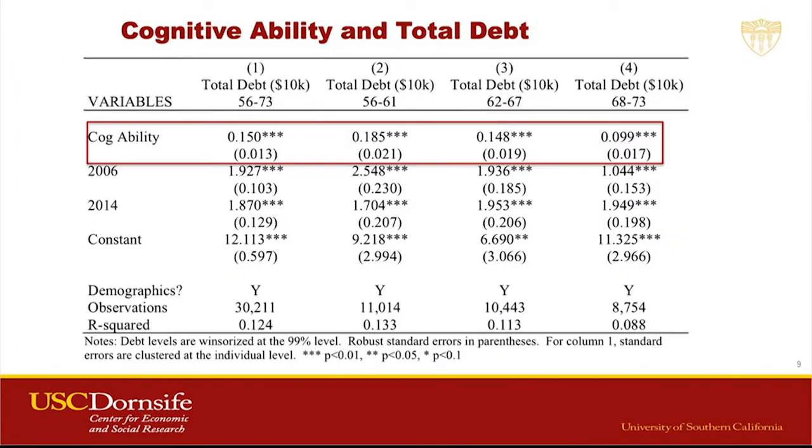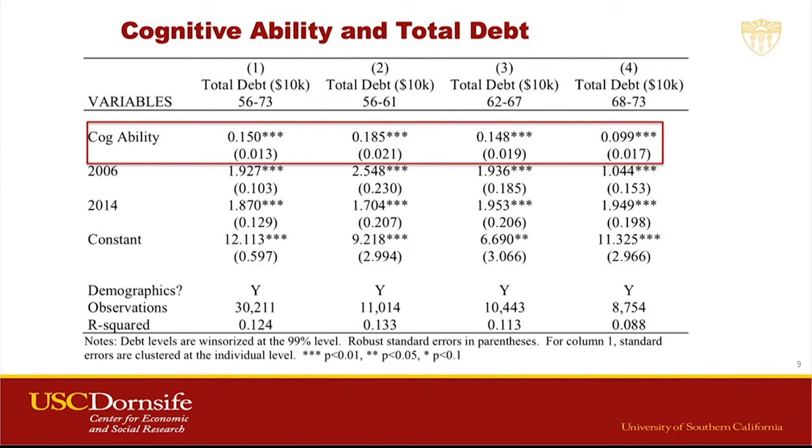We are interested in digging a bit deeper and seeing what role cognitive ability might have in explaining some of these increases in debt over time. Cognitive ability, as measured in the HRS, is on a 27-point scale that measures working and episodic memory, which we use in our analysis. This table is showing how cognitive ability is related to debt burdens across our age groups over our window of analysis.